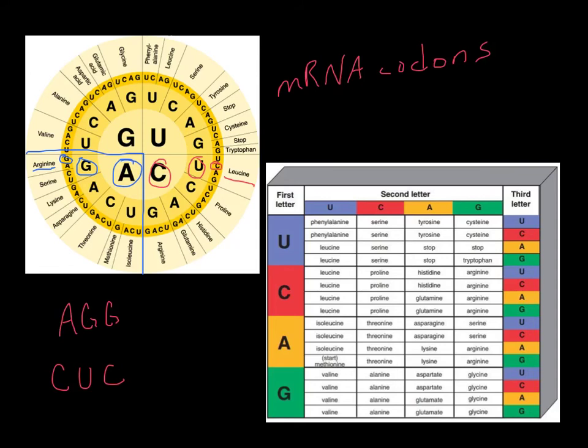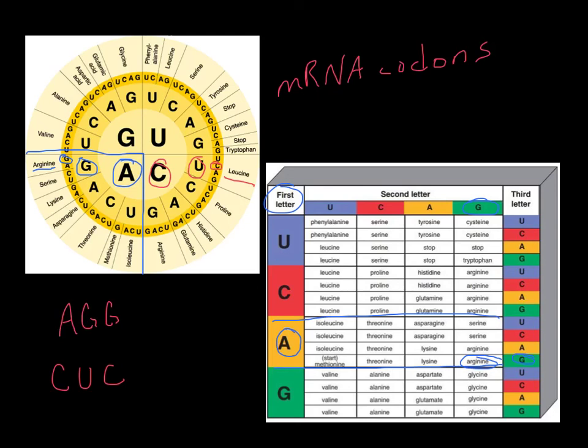Using those RNA codons in this type of chart, for the first one, AGG, use the first letter in this column, and it's A. The second letter is G. And the third letter, I'm going to come down here because we're only using these ones that are straight across from A. A, G, G. And again, I get arginine.